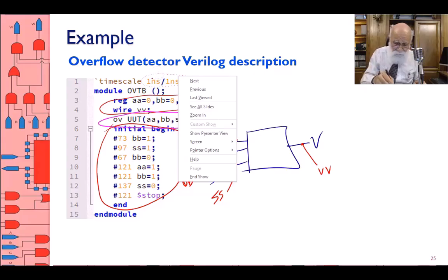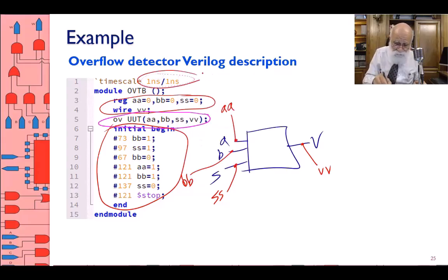Because of this time scale on top, which is saying nanosecond. Wait for 73 nanoseconds. BB was 0. Now, after 73 nanoseconds, change BB to 1. Wait 97 nanoseconds after that, change SS to 1. 67 nanoseconds, and then BB to 0. Just play with it. Just put values in it. And then at the end, wait 121 nanoseconds, and then stop.